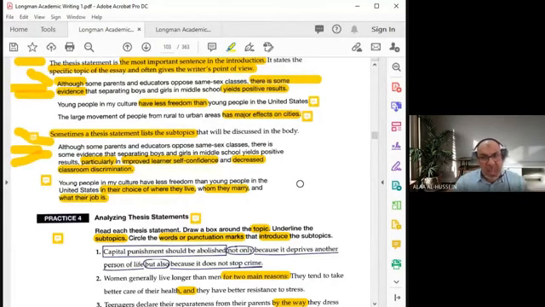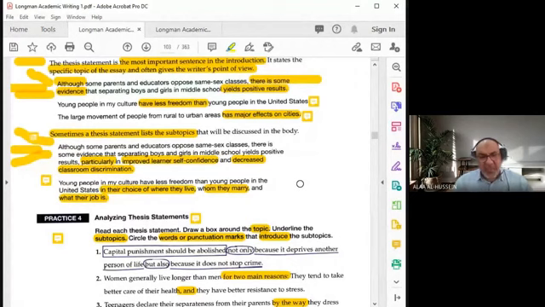This means that we are going to know how many body paragraphs we are required to write easily. If we have two subtopics, this means that we need to write 2 body paragraphs.